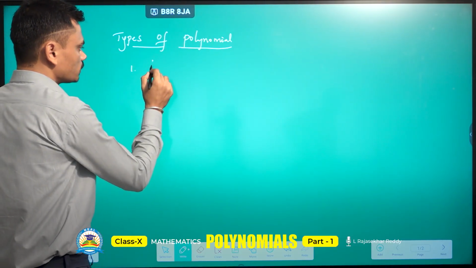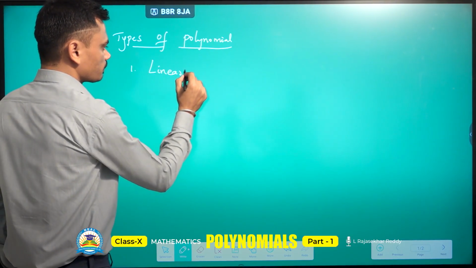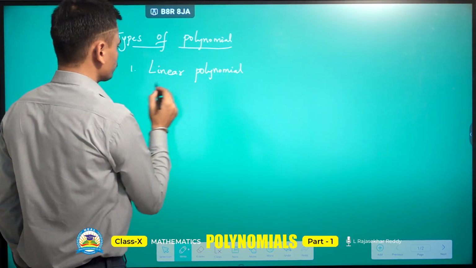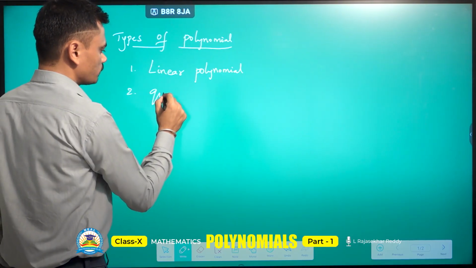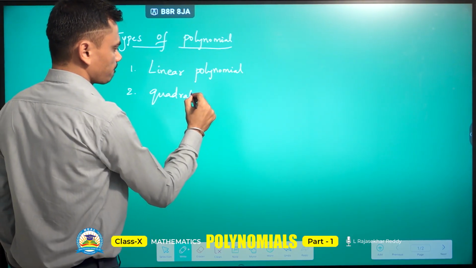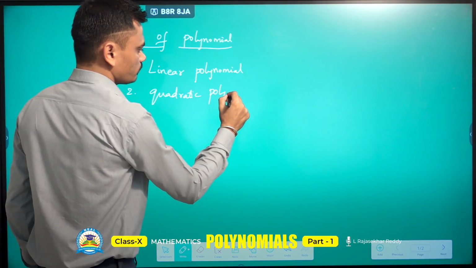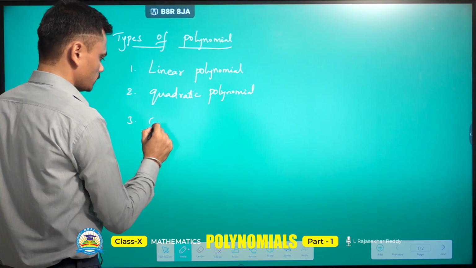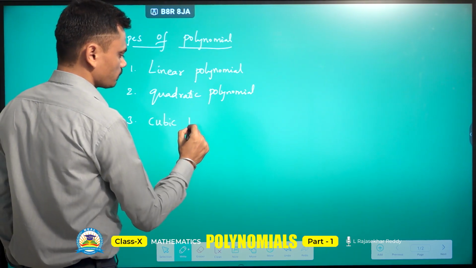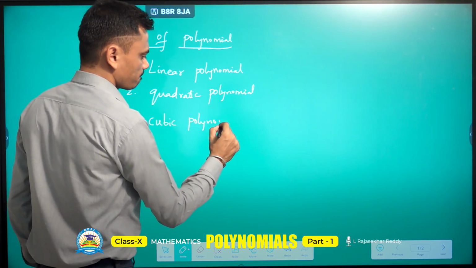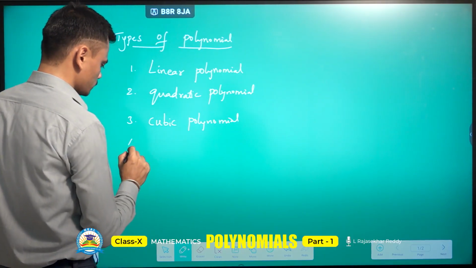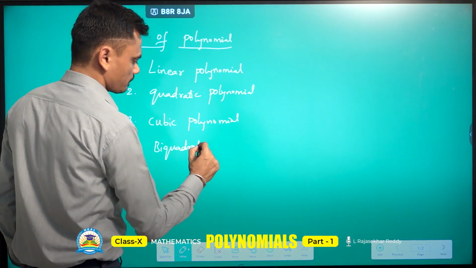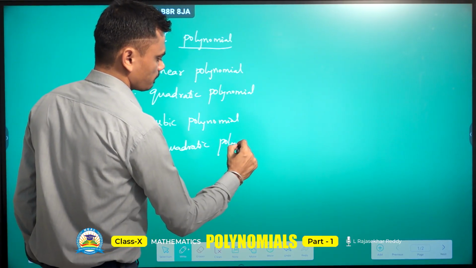First one, linear polynomial, second one, quadratic polynomial, next cubic polynomial, next biquadratic polynomial.